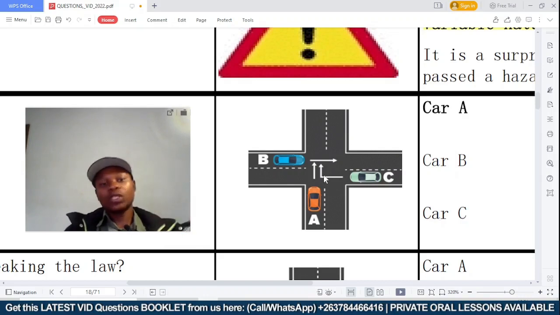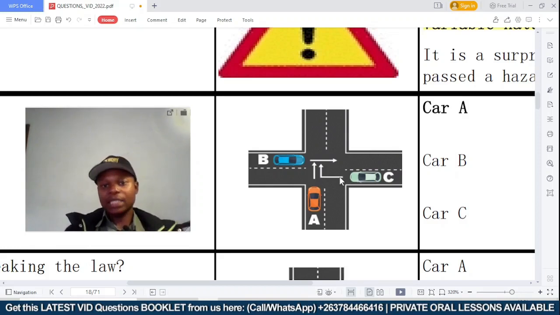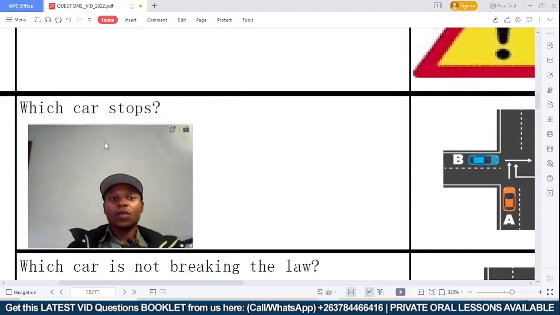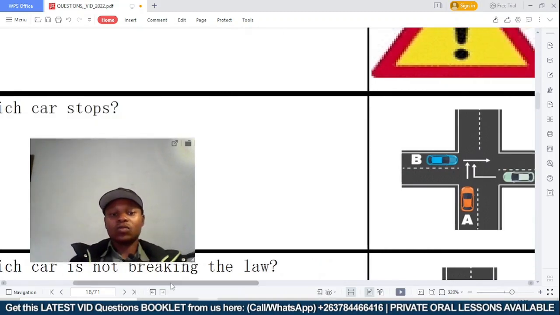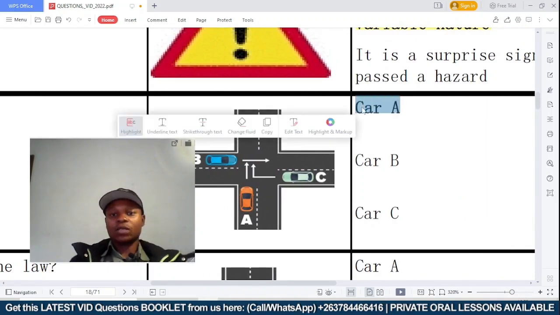But it cannot proceed to turn right because it is restricted by the rule which says that a car should not turn right in front of oncoming car B. So definitely the car to move first has to be car B. When car B moves, it is followed by car C. Car C can only turn right behind car B. So the car that will not move here, remember the question, which car stops? The car that will stop here has to be car A. So car A is the car that stops.